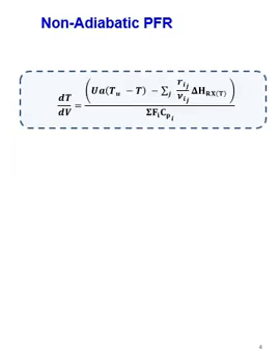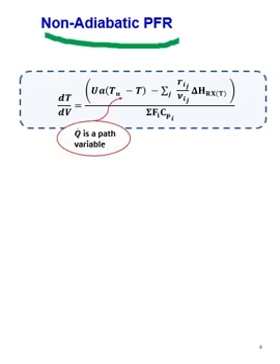So if I now consider the non-adiabatic plug flow reactor, it's important to realize that I cannot get a straight line relationship between X and temperature, even for a single reaction. That is because Q is a path variable, the rate of heat transfer at each position in my plug flow reactor.